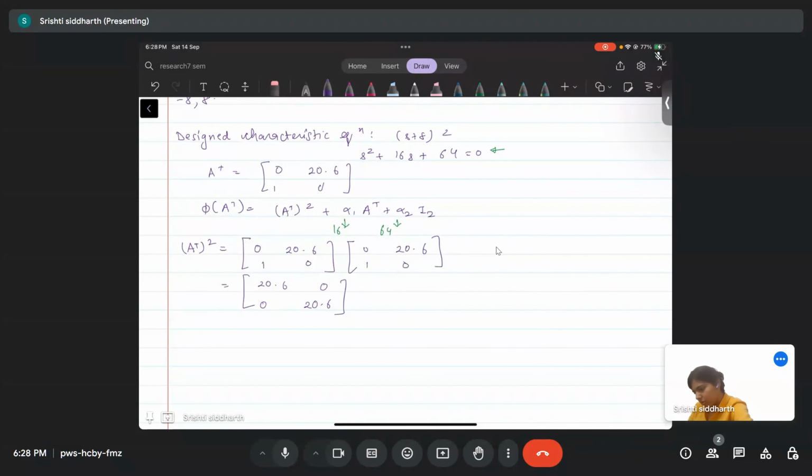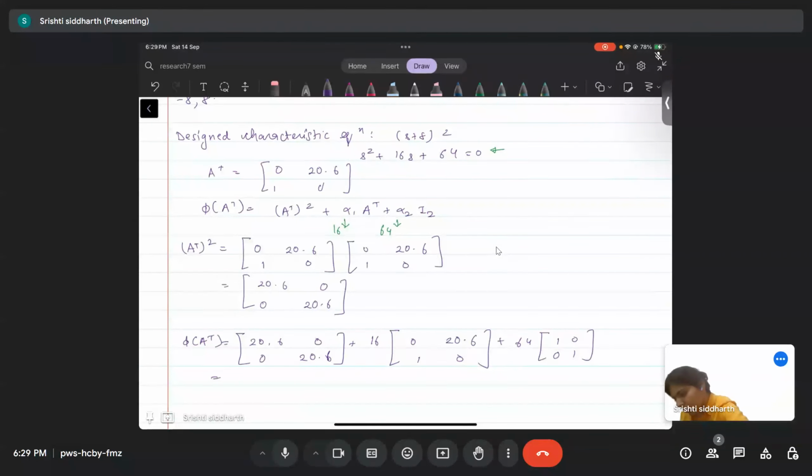Let's substitute this in phi of A transpose. We have 20.6 0 0 20.6, plus 16 times 0, 20.6, 1, 0, plus 64 times the identity matrix. So this becomes 20.6 plus 64.